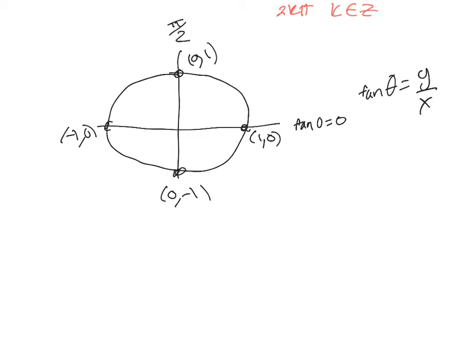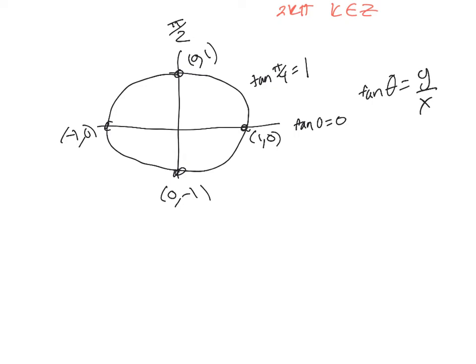And the legs are equal at 45. So tangent of 45, or pi over 4, equals 1. And then tangent of pi over 2 becomes undefined because x is getting smaller and smaller relative to y to the point where x is getting towards 0.